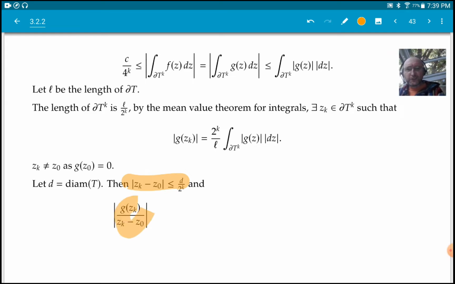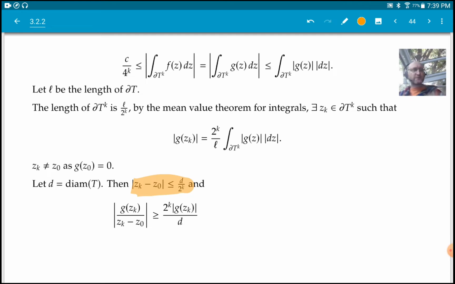So let's see what this sequence of numbers does. I claim it doesn't go to 0. That means that g of z over z minus z0 cannot possibly go to 0 if you have a sequence of points that doesn't go to 0. All right. So we've bounded from below. We first start with this bound.